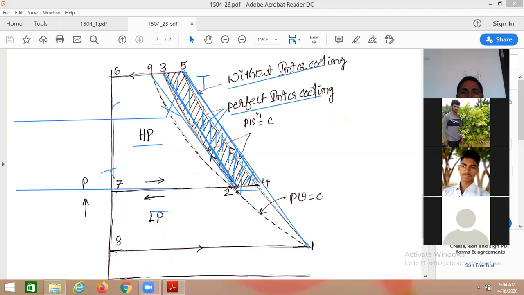That is the work done. So with perfect intercooling for two-stage compression, the work consumed by the compressor equals 2N by N minus 1, P1 V1, P2 by P1 whole power N minus 1 by N, minus 1.